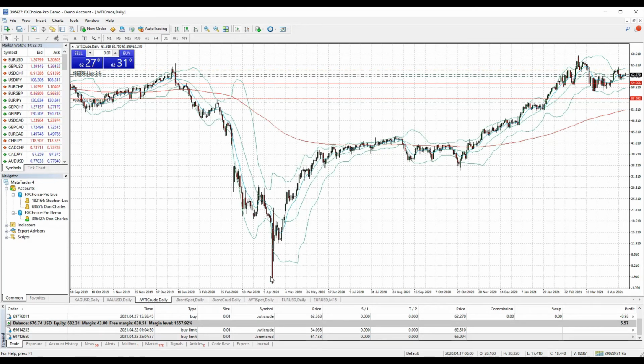So we see here the price of the asset has been on a continuous rise from April 2020 to the present in April 2021. This is an uptrend.